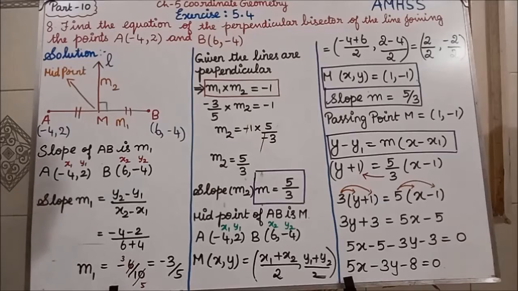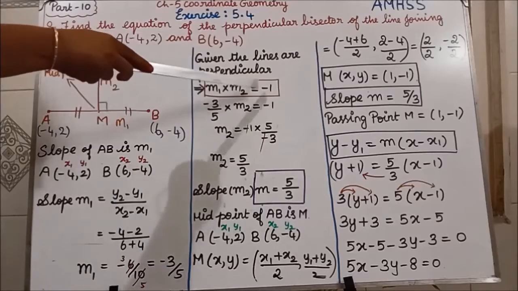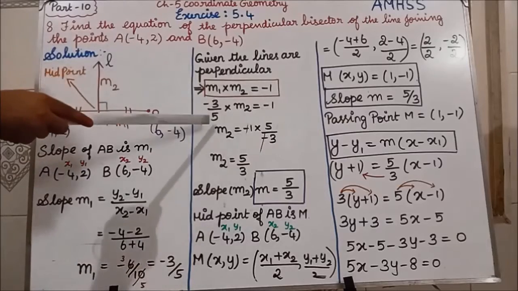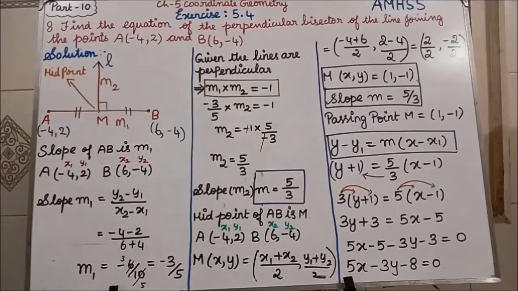Here we have got the M1 value. Then it is easy for us to find the M2 value by using the perpendicular formula. Given the lines are perpendicular, M1 into M2 is equal to -1. M1 value we have is -3 by 5. M2 value we don't know. M2 equal to -1 divided by M1. In part 9, this type of problem we have solved nearly 3 to 5 times.